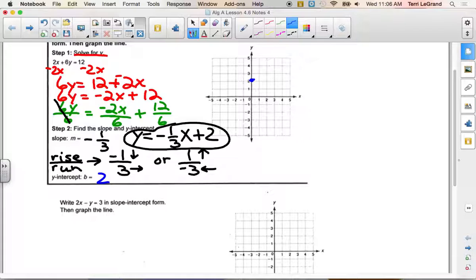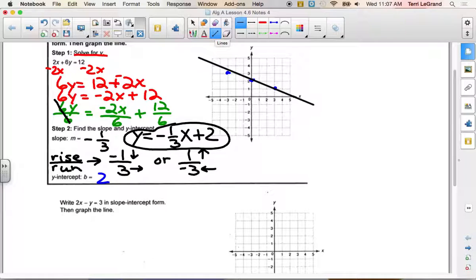So get 2 more points graphed. Use your ruler that you kept at your desk as your straight edge to draw the line, extending the line all the way through the graph with arrows at both ends.